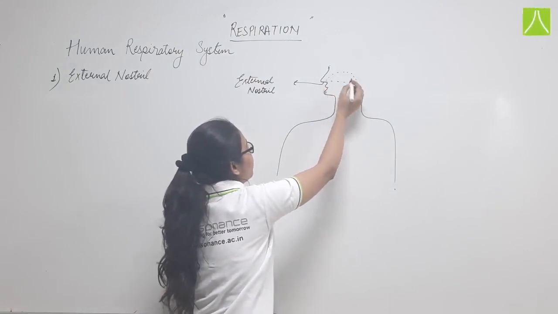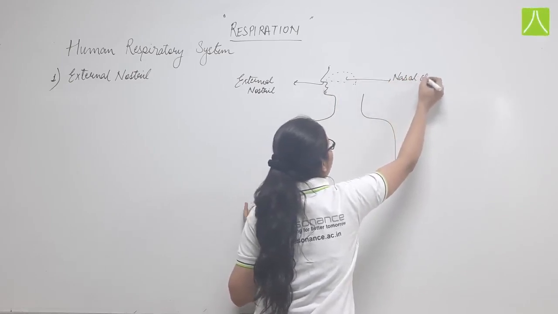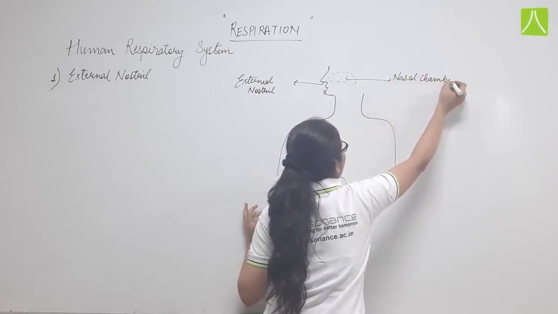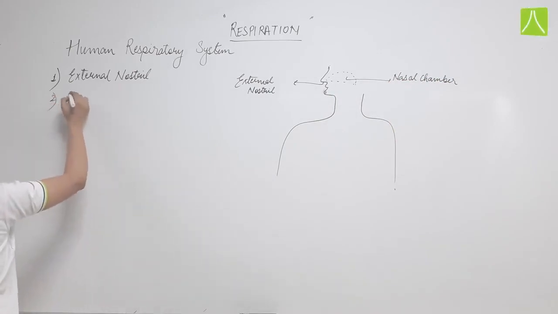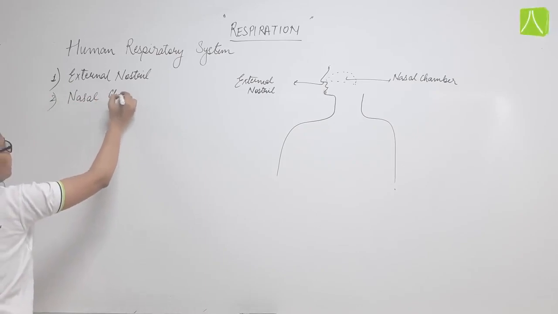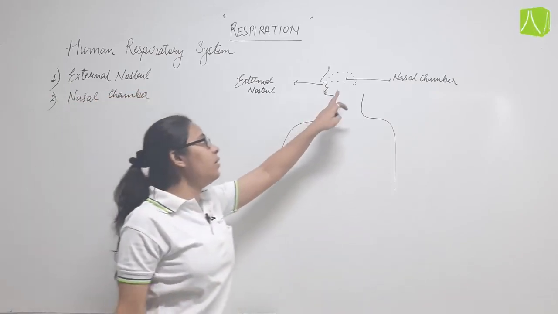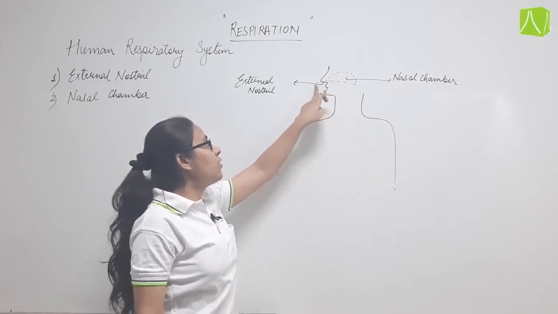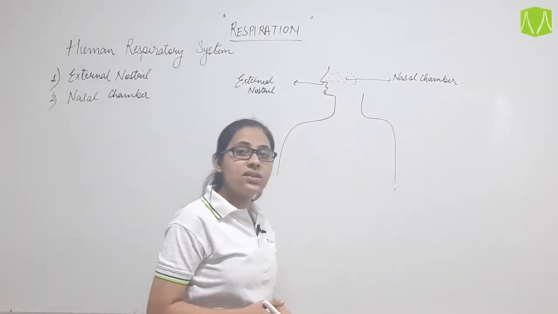This is known as nasal chamber, which is the second part of the respiratory system. The nostrils open into a cavity which is known as nasal chamber.